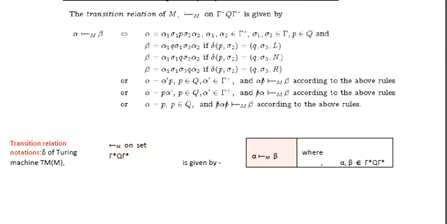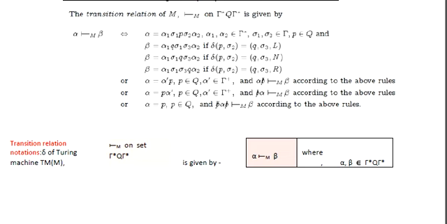In a similar fashion, only the changes will depend on the read-write head movement. So here in the second case I have no head movement, so it will be at the same position. The state will only change from p to q, and the symbol will change to sigma 3.